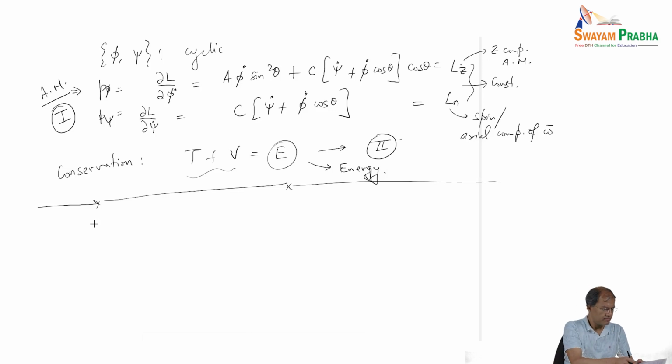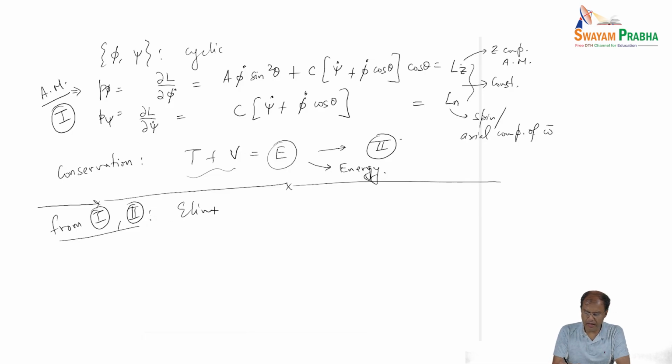So then, suppose now let us try to eliminate some variables. From 1 and 2, suppose we eliminate phi dot and psi dot, right? So we see that theta dot square is 2E.